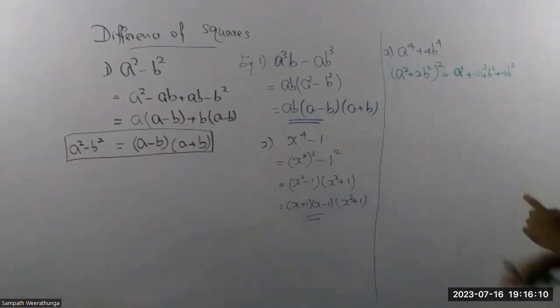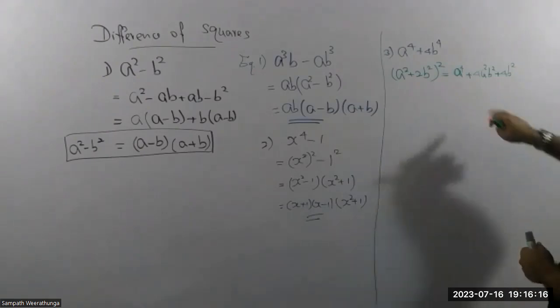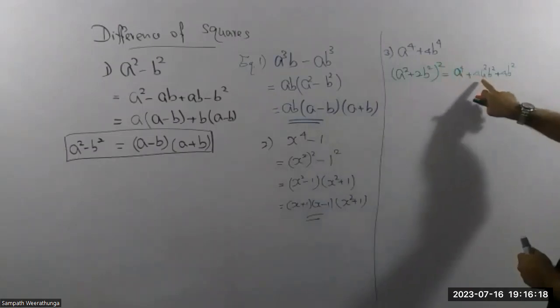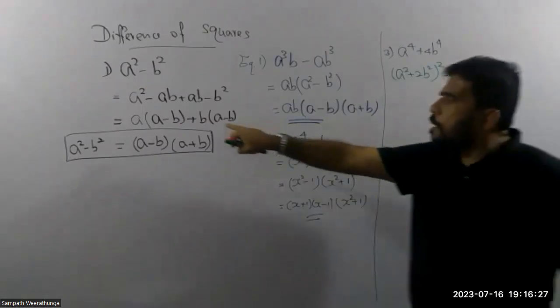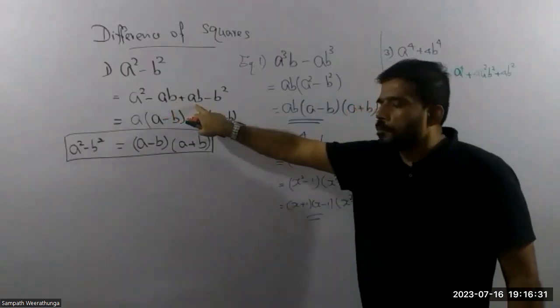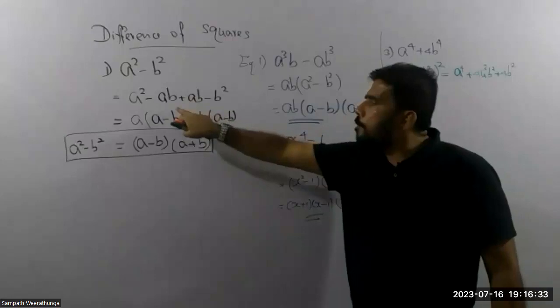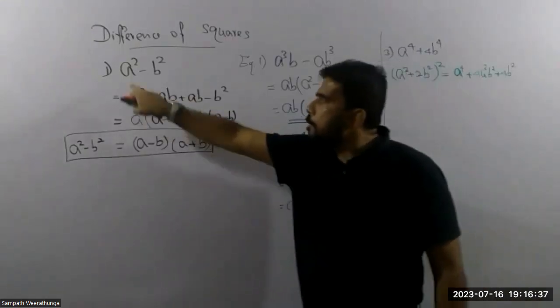Then by seeing this, I am getting an idea. This expression is missing this center term, the middle term, that is 4a square b square. So what I'll do is the same manipulation we have done here. We added one term and we subtracted one term, and still my expressions are valid.